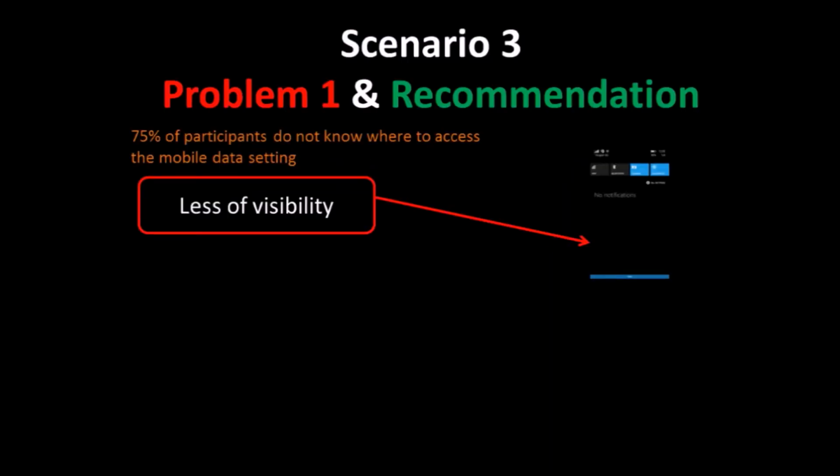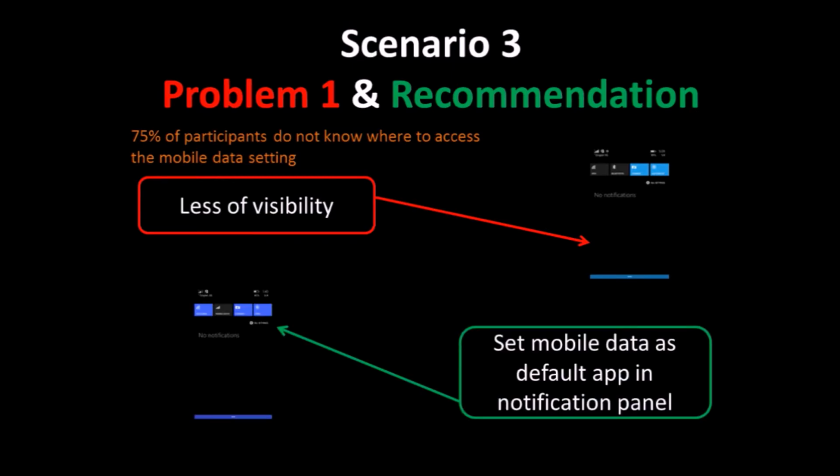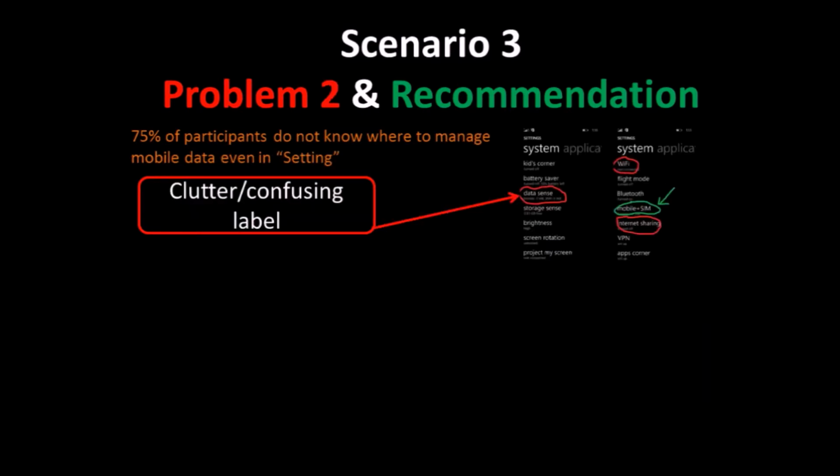There is a lack of visibility of mobile data management, because 75% of our participants do not know where to access the mobile data setting. To address this problem, we suggest that the mobile data function be set as a default item in the notification panel. Besides, even when participants successfully accessed settings, 75% of them still had no idea which system is for managing the mobile data.